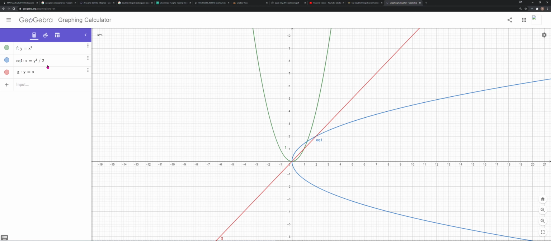The y squared on 2 will just change the shape of the graph; it'll widen it slightly. And the minus 3 now will just shift it back; it'll shift it to the left by 3 units.